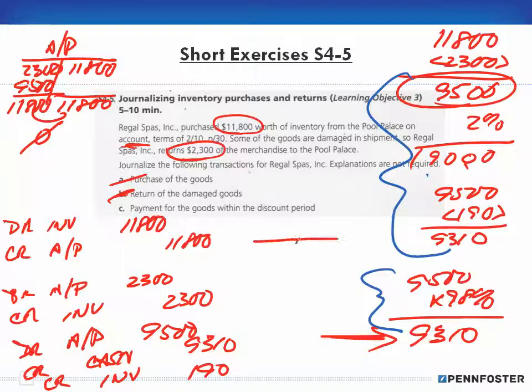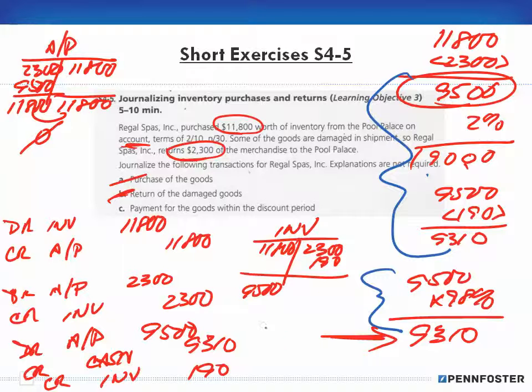Because if I'm looking at a T account for my inventory, right, I originally started with a debit of 11,800, and then I had a return of 2,300, okay, and now I have to take into consideration this discount of a credit of 190, okay, which makes my inventory $9,310 on the debit side.